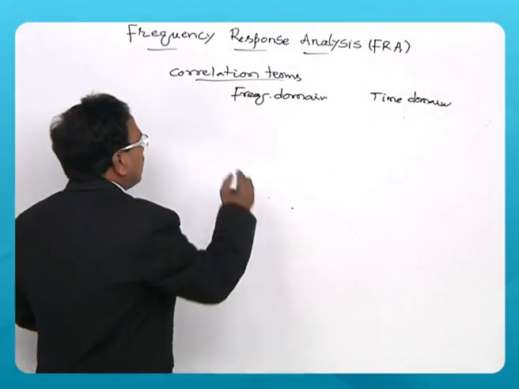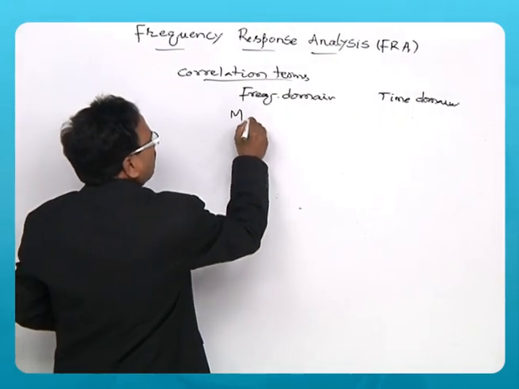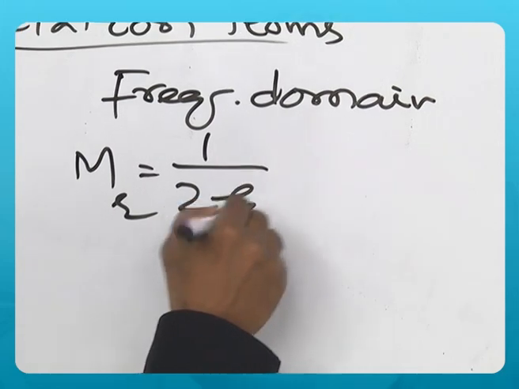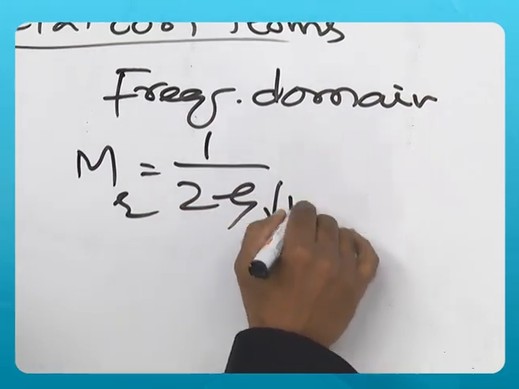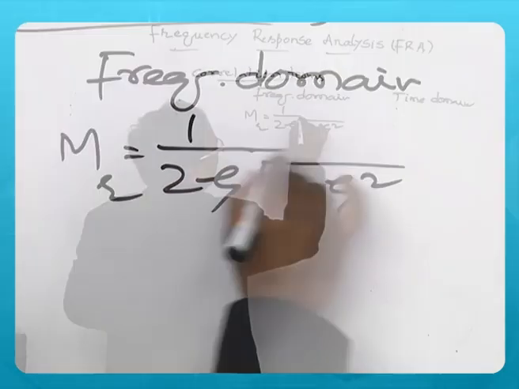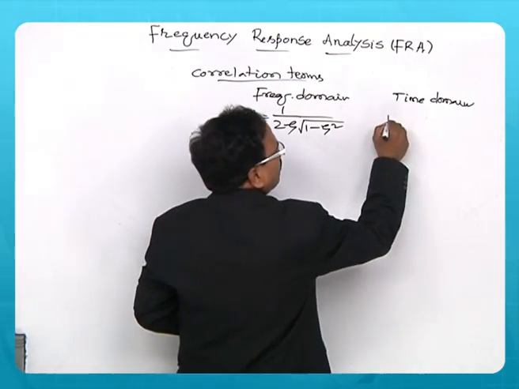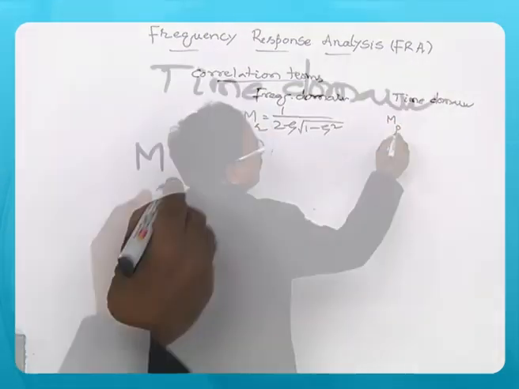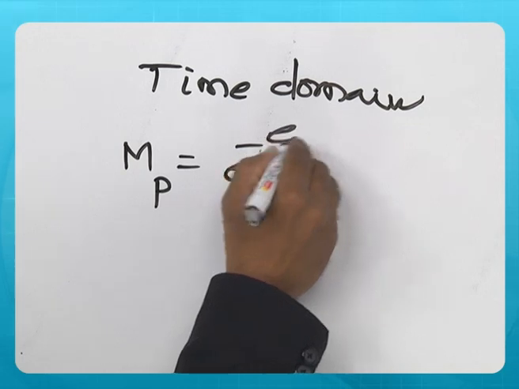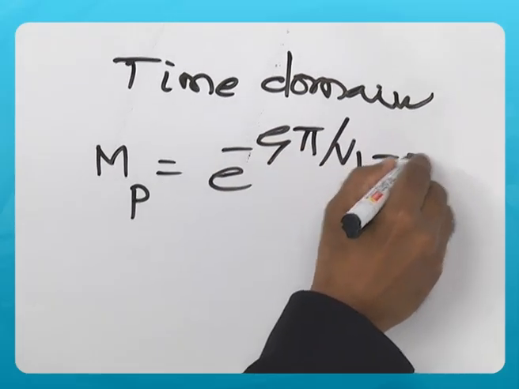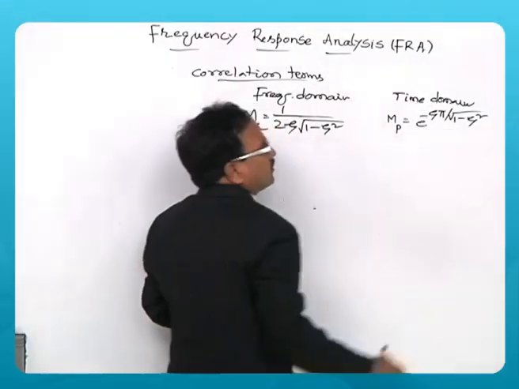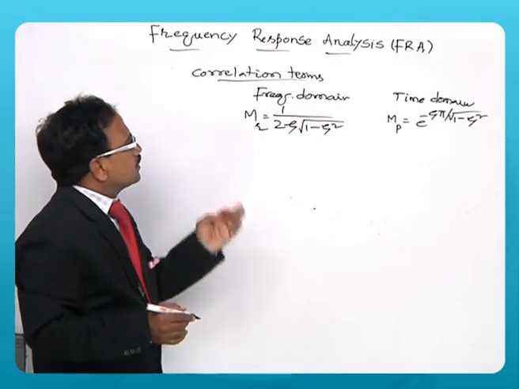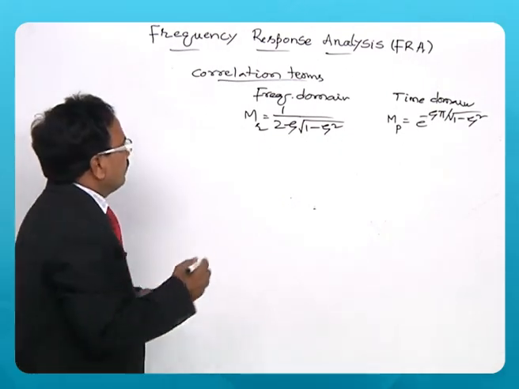As I said, MR is the resonant peak that is given by 1 by 2 zeta under root of 1 minus zeta square, whereas peak overshoot in time domain is e power minus zeta phi under root of 1 minus zeta square. So it has got some relation that was explained with the help of the graph.